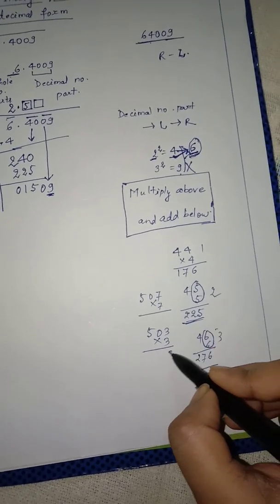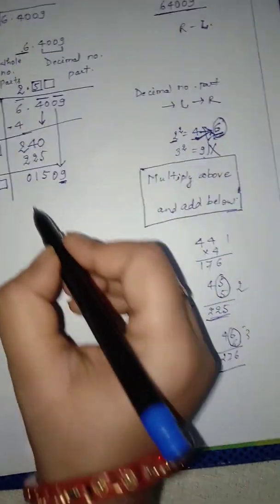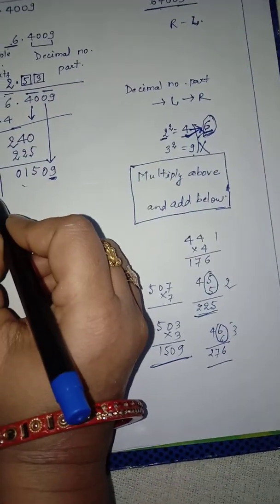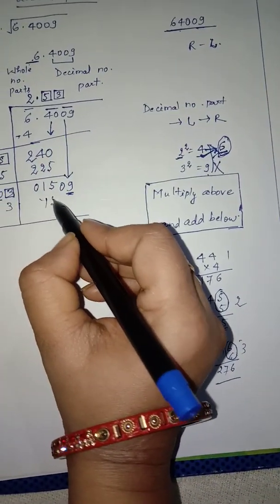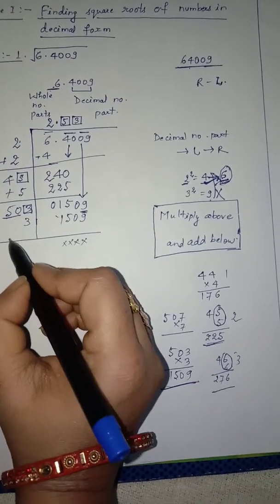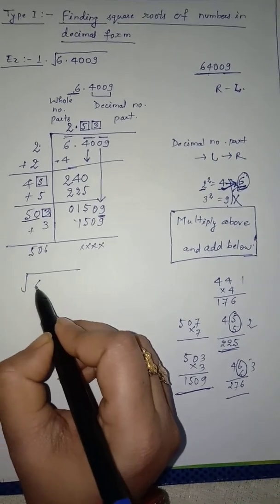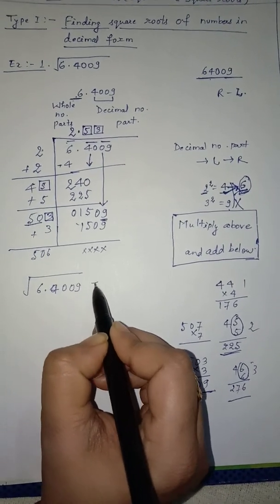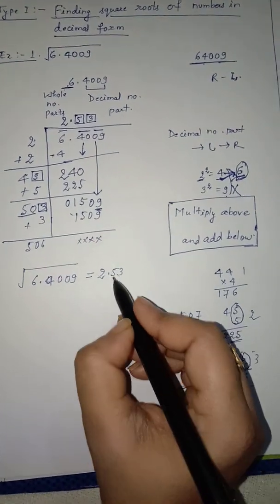So 503 times 3 is 1509. Multiplying above, 503 times 3 is 1509, so the remainder is cancelled. So the square root of 6.4009 equals 2.53.